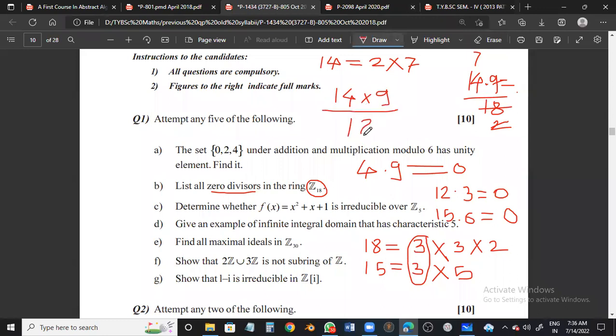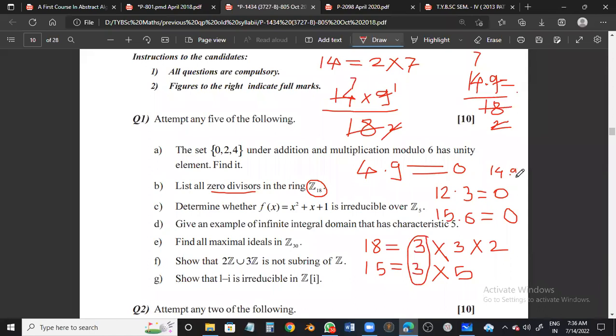That is what you used to do in schools. 9 ones are 9, 9 twos are 18, 2 ones are 2, 2 sevens are 14. That is what I have shown here. The quotient is 7, and what is the remainder? 0. Yes, the remainder is 0. So 14 into 9 is congruent to 0.